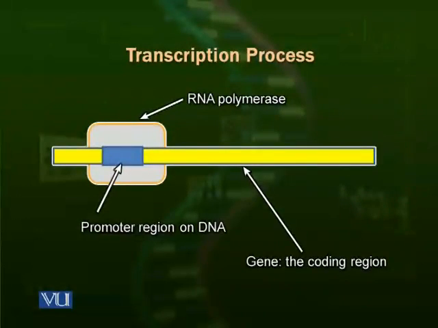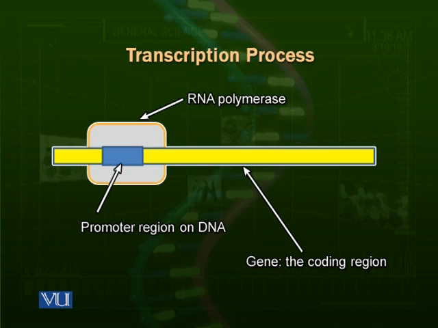In this diagram, you can see there is a structural gene, the region which has to be coded, the actual gene. Before that, there is a small region called the promoter region, which is identified by the RNA polymerase. You can see the enzyme in just a model, or cartoon diagram.